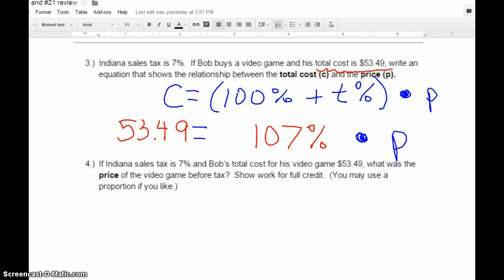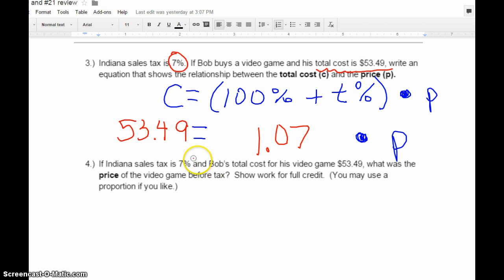The other way to write this, 107% is not 107. It's 107%. Your calculator knows that 107% is the same as 1.07. And if you're sitting there wondering, where did he get 107%? I just took 100% and added the tax rate.